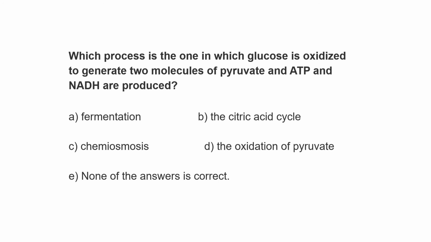Okay, this question is relatively easy. Which process is the one in which glucose is oxidized to generate two molecules of pyruvate? If you remember, in the beginning you have glucose, and the first step is to turn it into pyruvate.